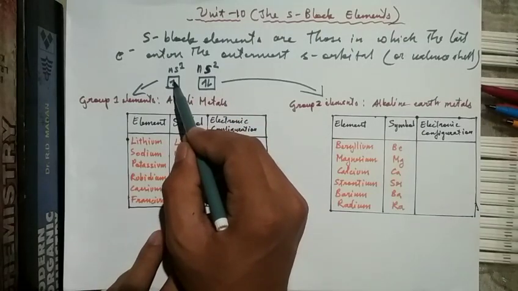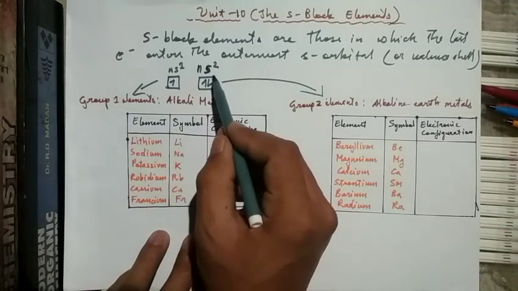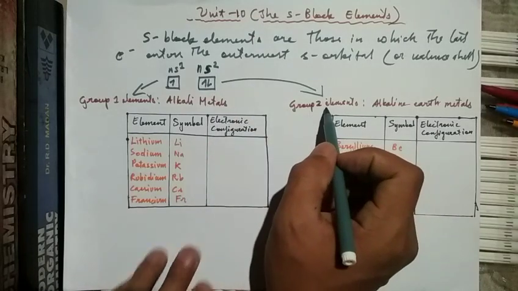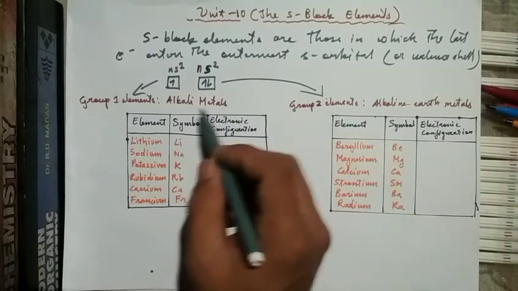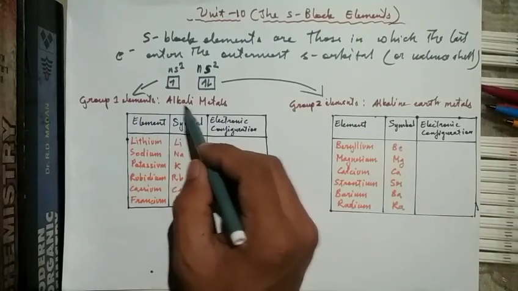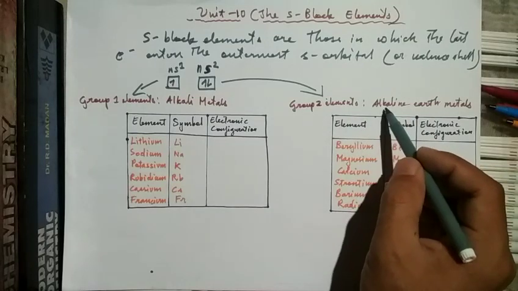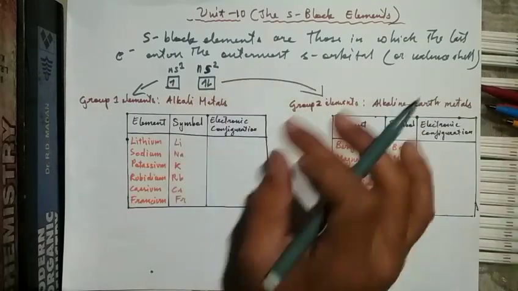If there is 1 electron, it belongs to group 1 elements. If it is 2 electrons, it belongs to group 2 elements. Group 1 elements are also called alkali metals. Group 2 elements are also called alkaline earth metals. We'll discuss that later also.